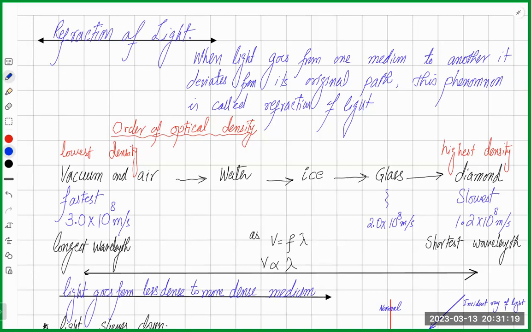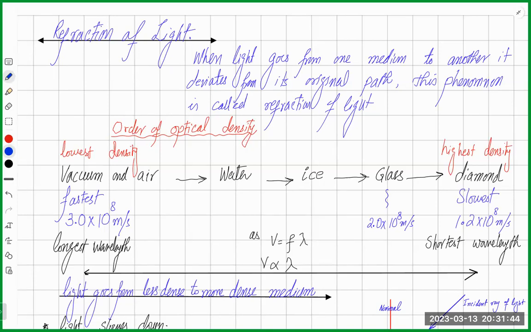When light goes through a transparent medium, it depends on the nature of that material or nature of that medium. This is called optical density. Some materials have very high optical density, so the light travels slowest among them. Some materials have low optical density. Light is fastest in them.